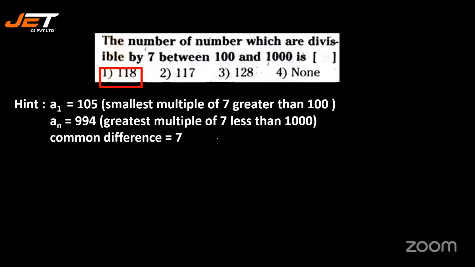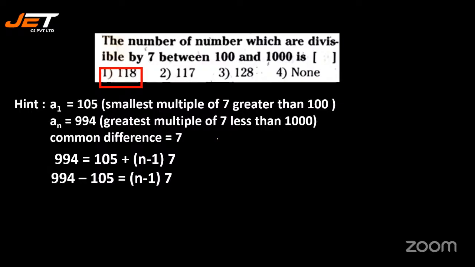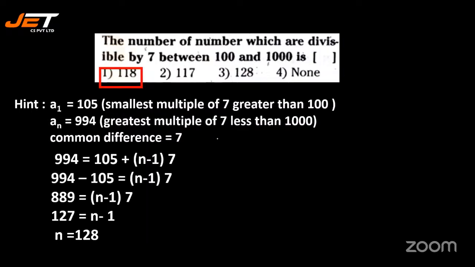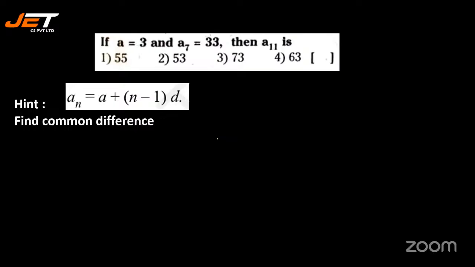Right. So the last number an is equal to a plus (n minus 1) into d. So you can find out the value of n as 128. Okay. So here by mistake it has been highlighted 118. It is 128. See the next question.